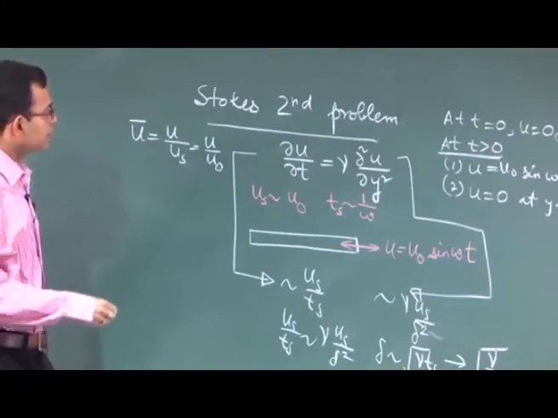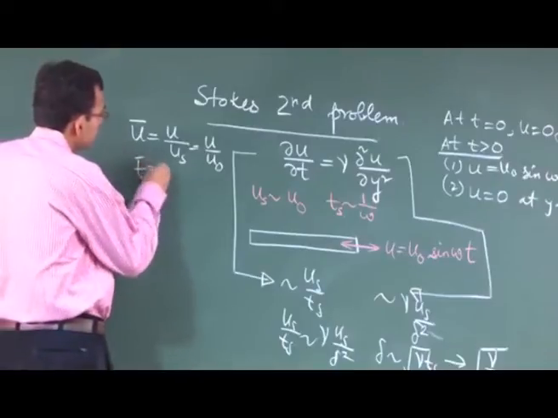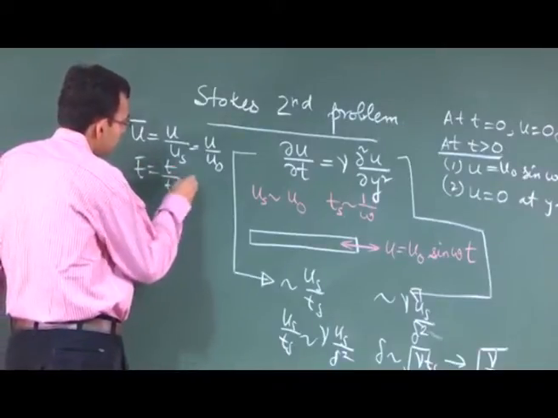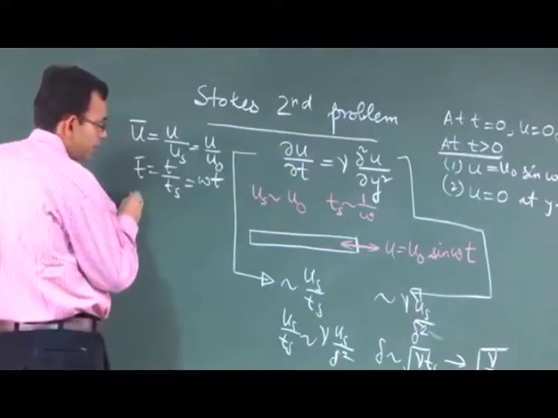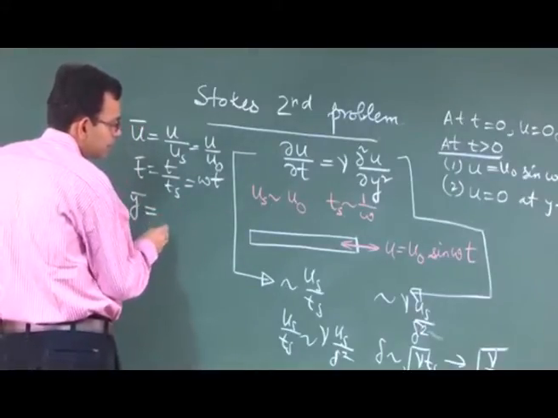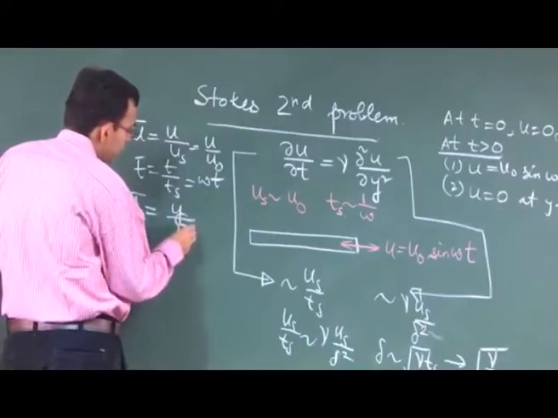Then T bar is equal to T by Ts, this is omega T, and Y bar is equal to Y by delta.